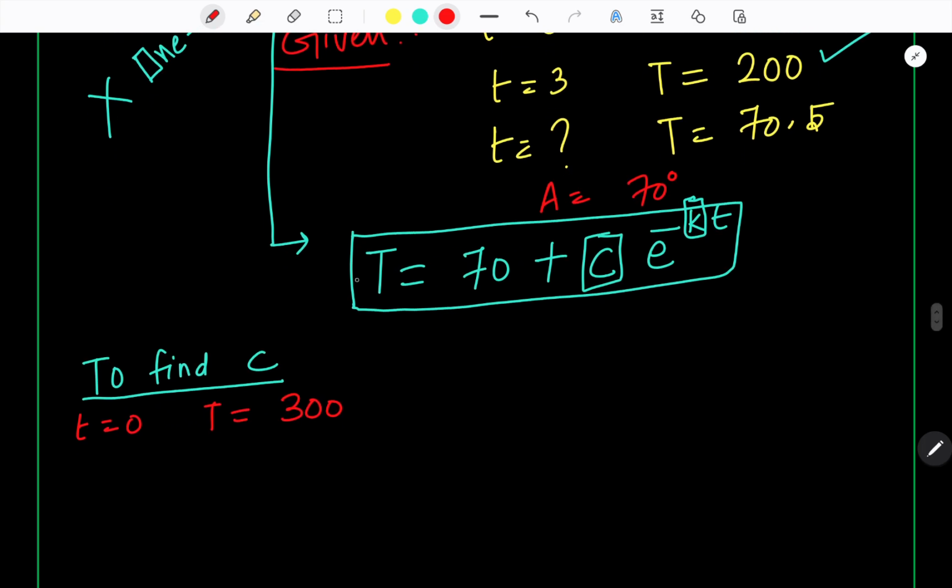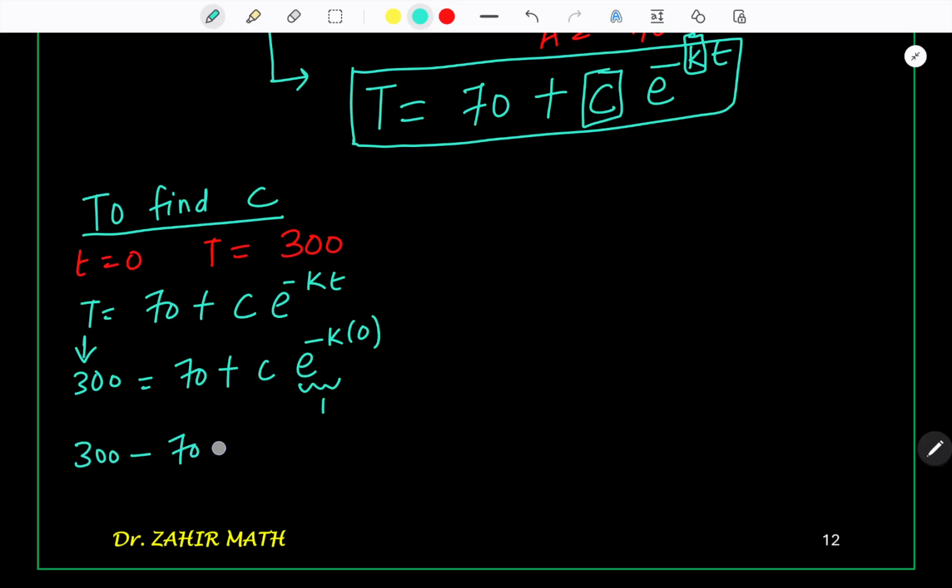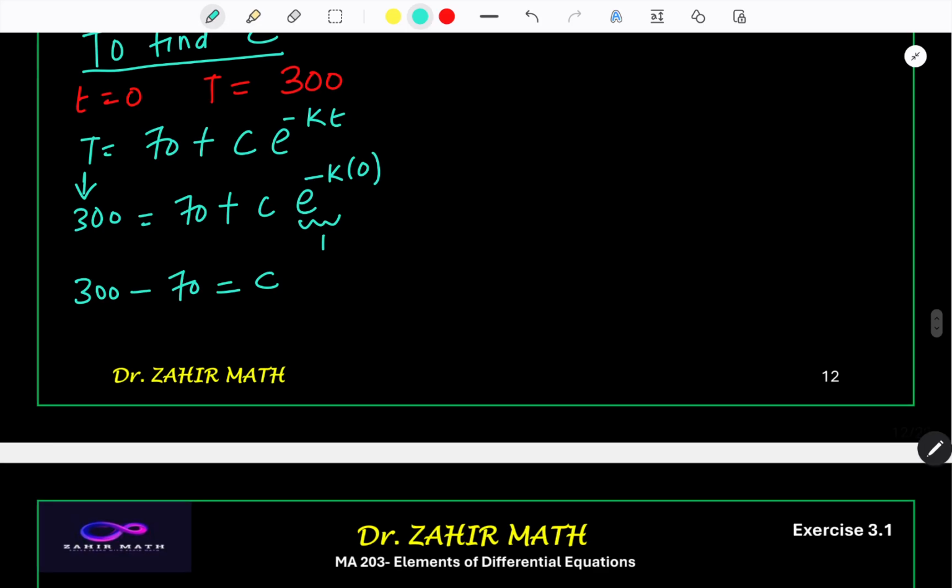So T equals 70 plus C e power minus kt. T equals 300 equals 70 plus C e power minus k times 0. Of course, this is 1. So 300 minus 70 is equal to C, which is 230.